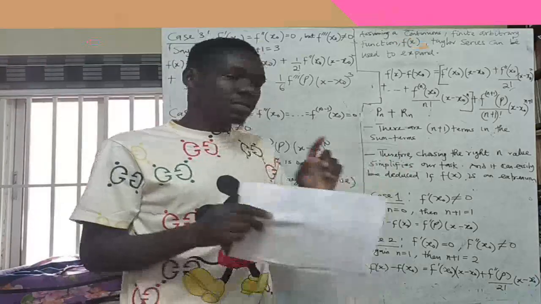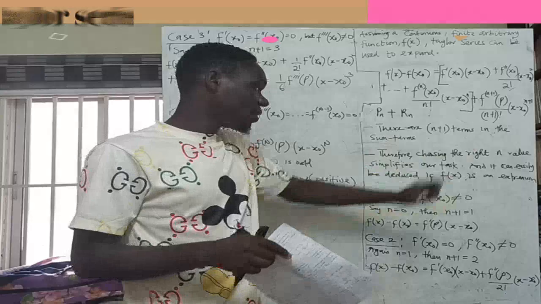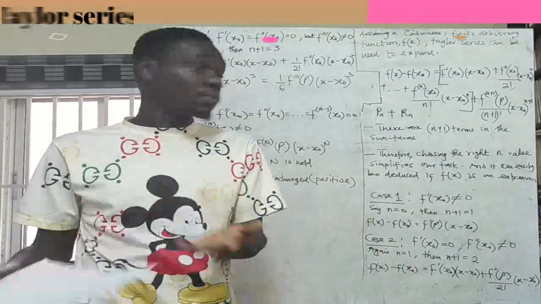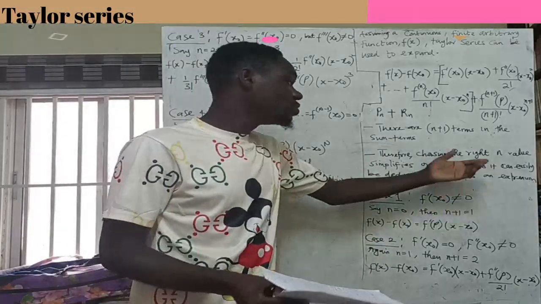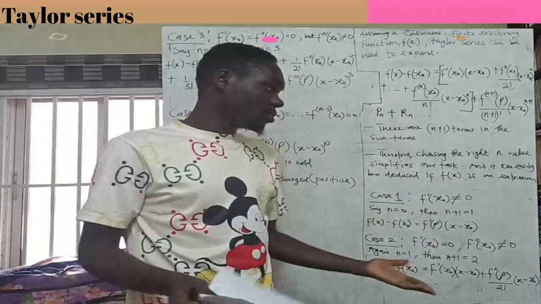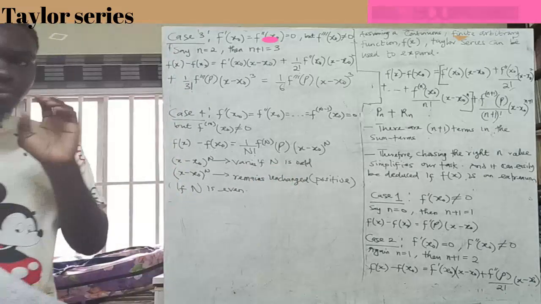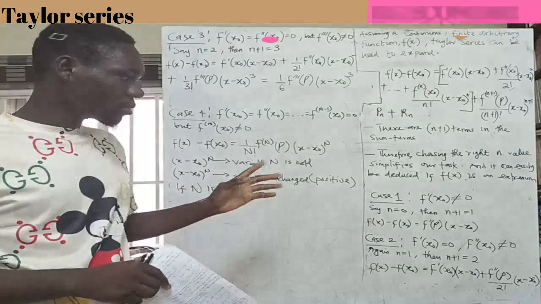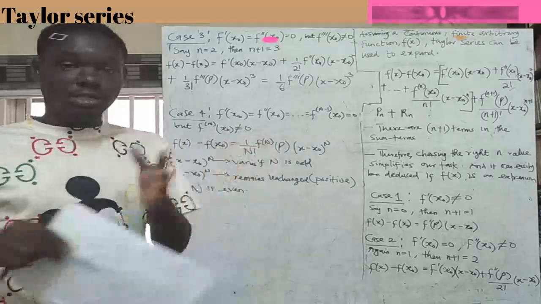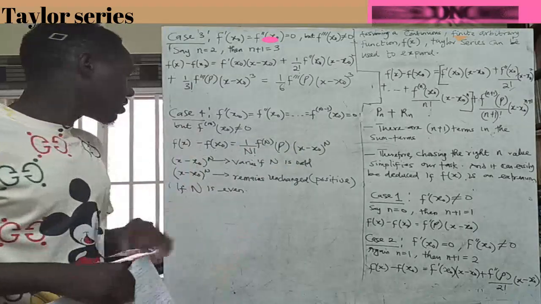The most important thing at this point is being able to choose the right n value, which simplifies our task, and we can easily know if the particular function we are dealing with is an extremum, whether it's a minimum or max. So at this point we are going to be looking at 4 cases on how we can choose the right n value. So we have 4 cases here.